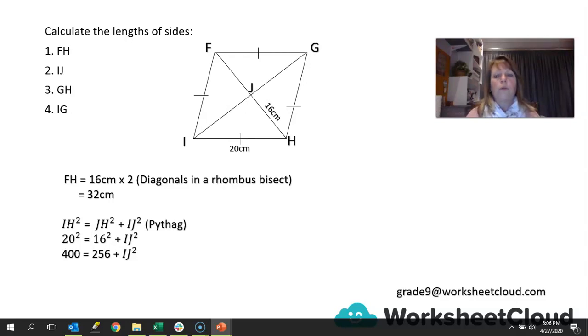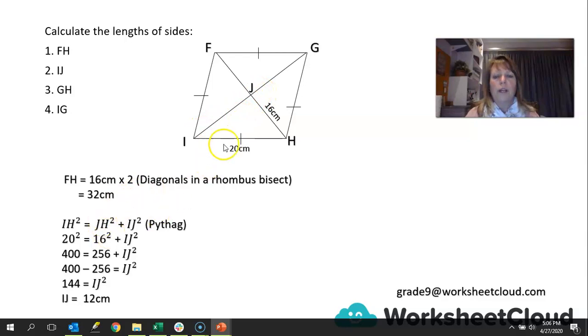We can then move our 256 across the equal sign and say 400 minus 256. That gives me 144. Nice figure to work with if we are square rooting, because we should all know that 144 square rooted is going to give me 12. So RJ, that line there, is 12 centimeters.